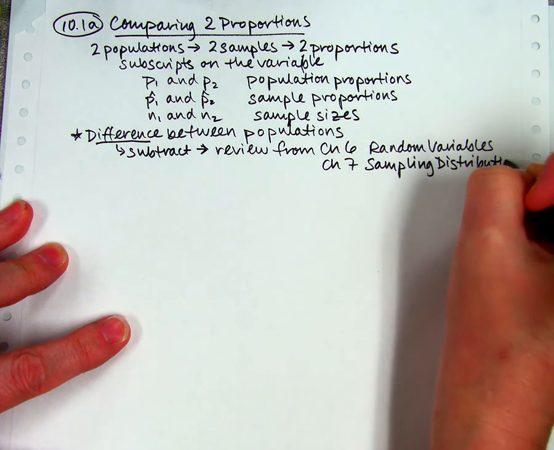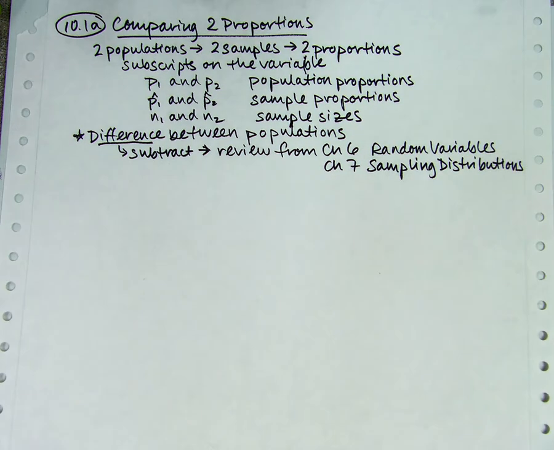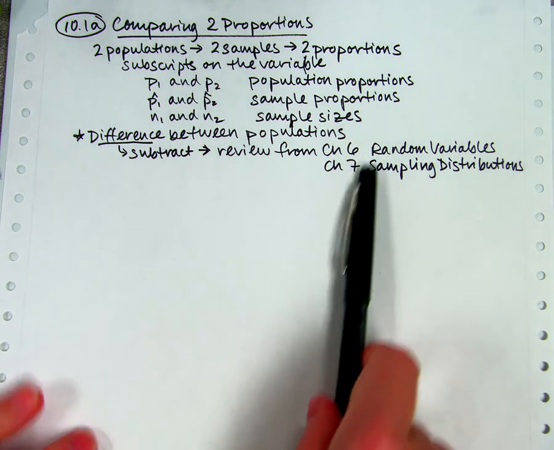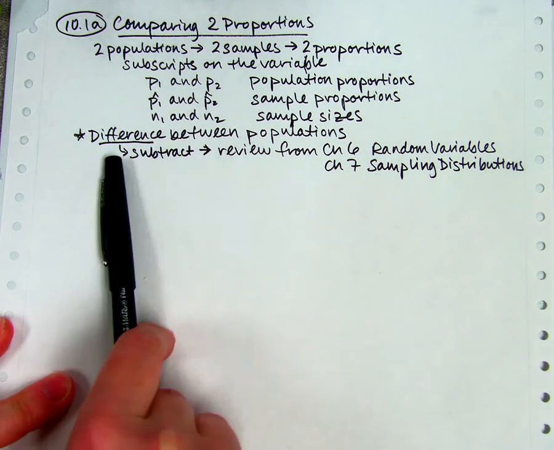And so we're going to review that stuff before we do the inference. We are also going to combine it with some of the stuff from chapters 8 and 9, not till the second lesson. So in lesson 10.1b, we'll get to that. For today, we're just going to talk about this stuff and how it applies to the differences.